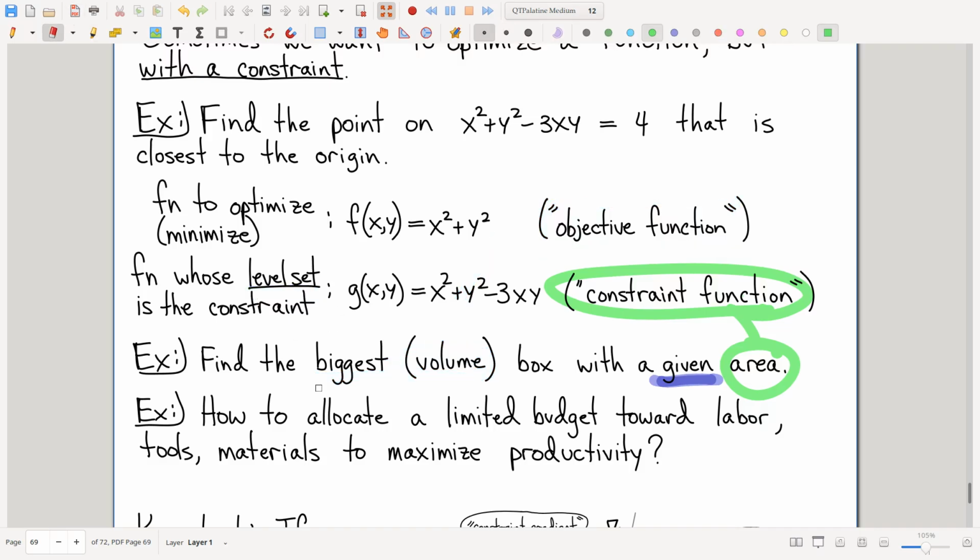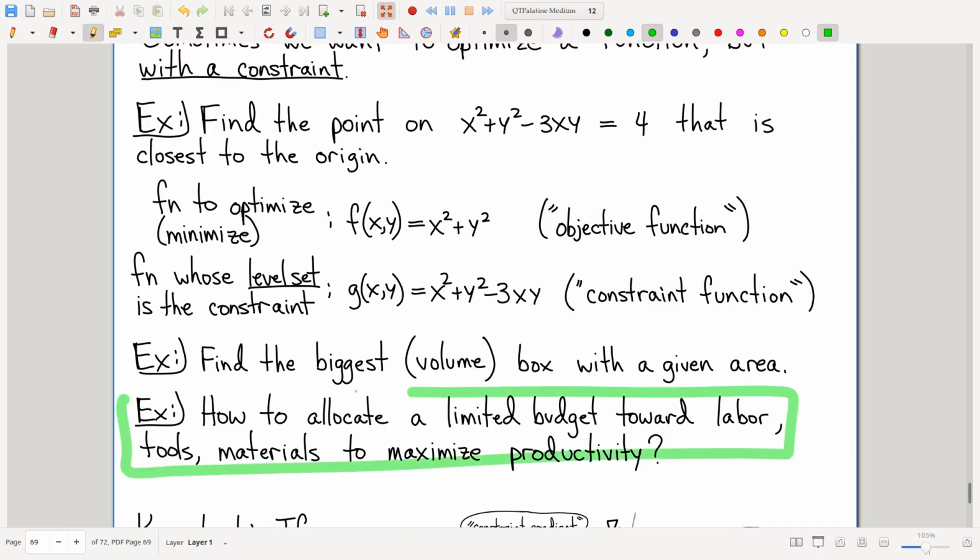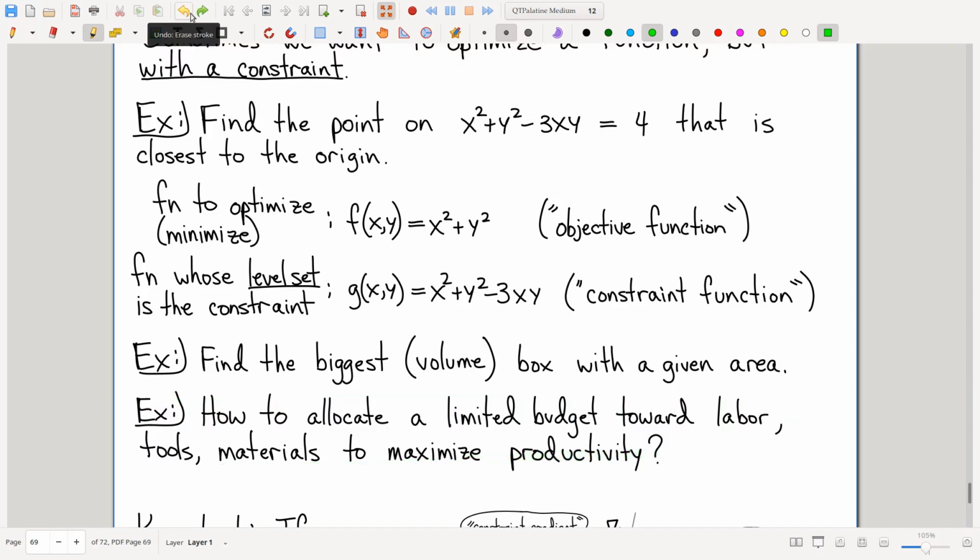All right, just another context, application type situation. This is more like small business economics. If you have a limited budget, well, your limited budget is your constraint function, because the budget being limited means we're looking at a level set of that budget. So budget is the constraint.